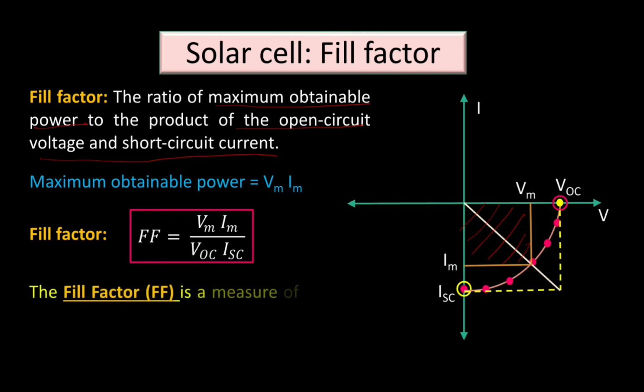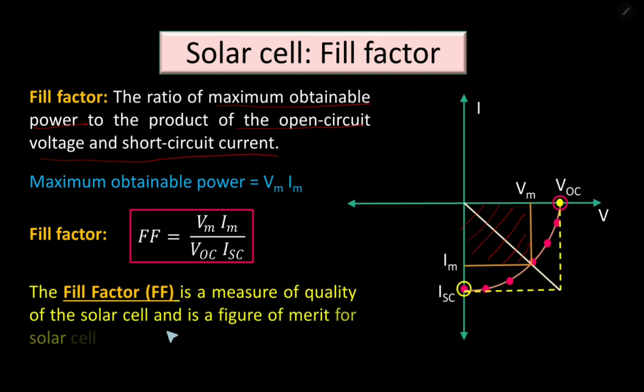This fill factor is a measure of the quality of the solar cell and is a figure of merit for solar cell design. So this I have drawn in the fourth quadrant, but in books you may get this in the first quadrant over here.